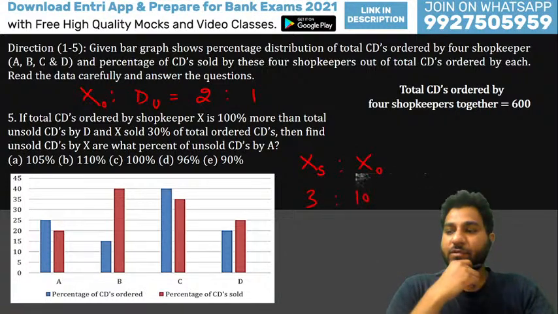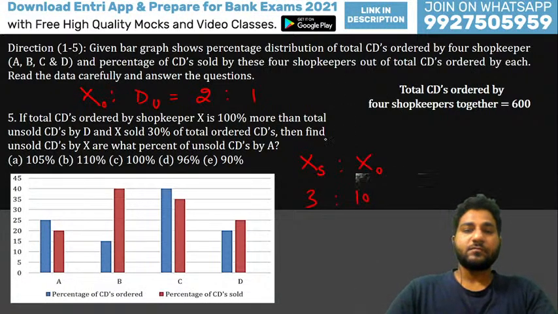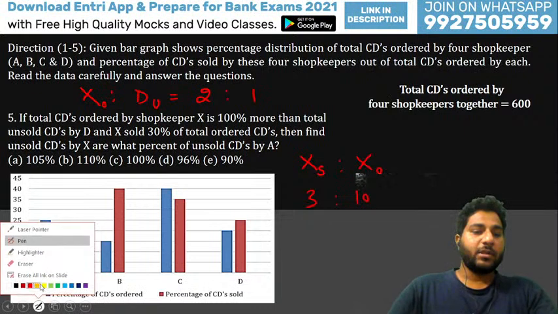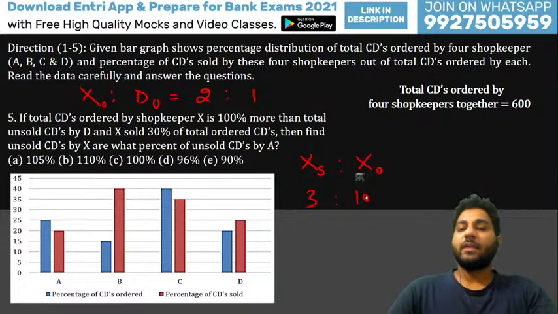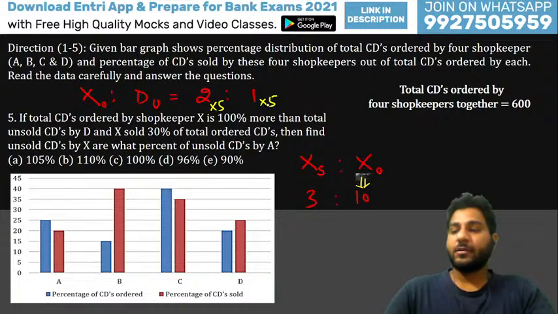So let's do it. Let me do this with some other number. One thing is important: the ordered data of X will be the same in the ratio. Look at this. Here it has been given as 10, while here it has been taken as 2. So let's multiply it by 5 to make that 10.